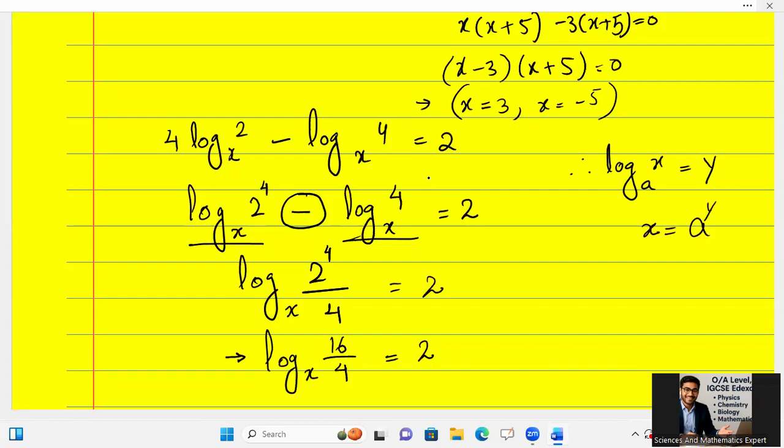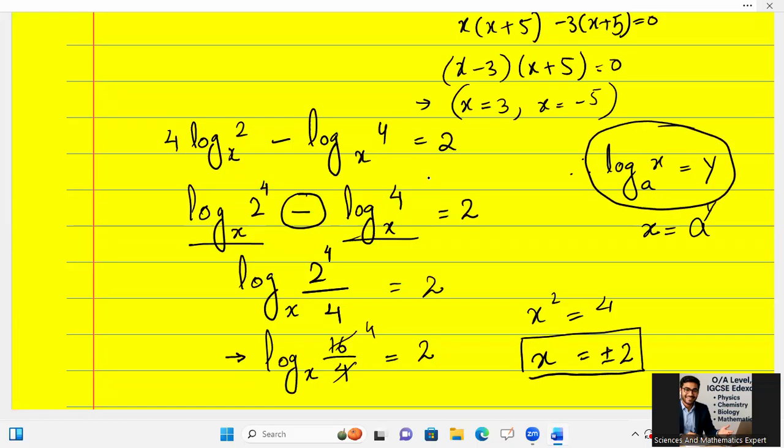Now I can write x power 2 is equal to 4, 1 time 4 is 4. So x can be written as plus minus 2. This was the conversion of a logarithmic function to an exponential function. I have converted this logarithmic function into an exponential function by making x power 2 equal to 4.